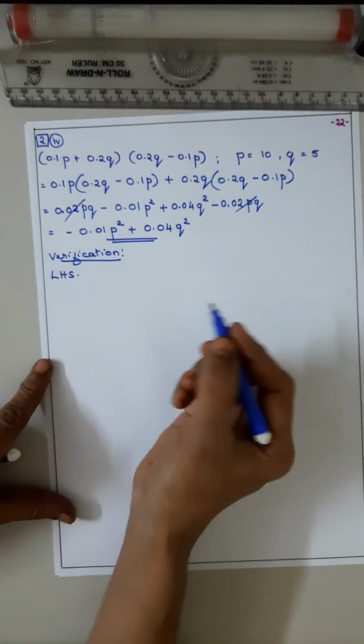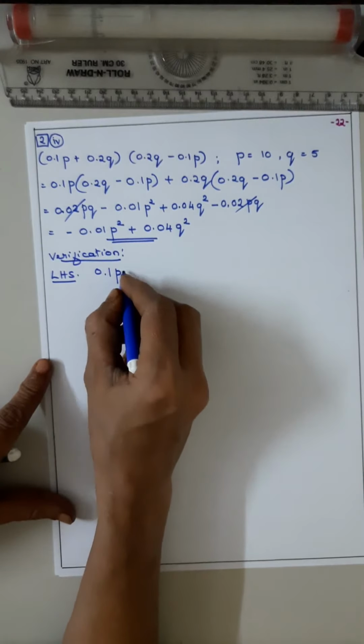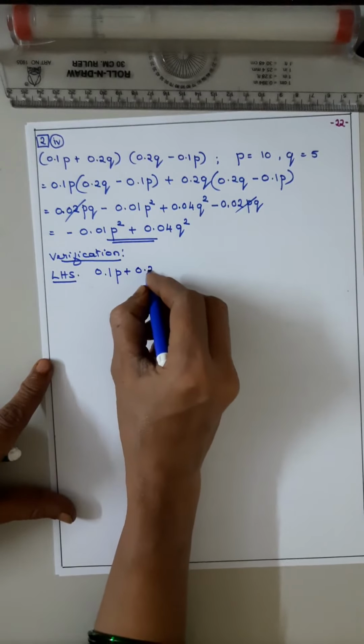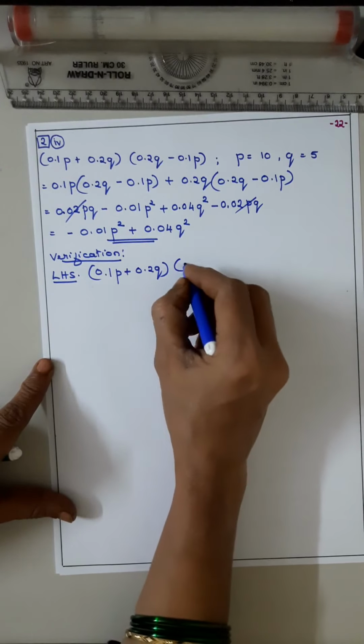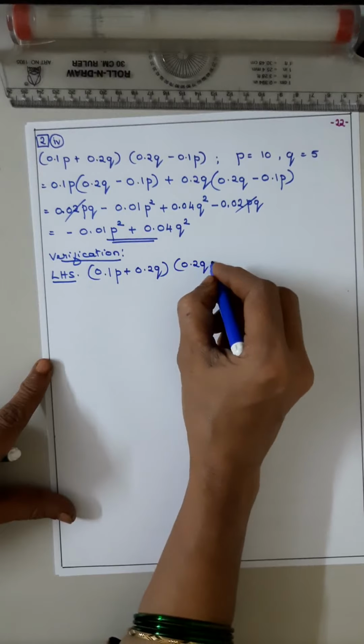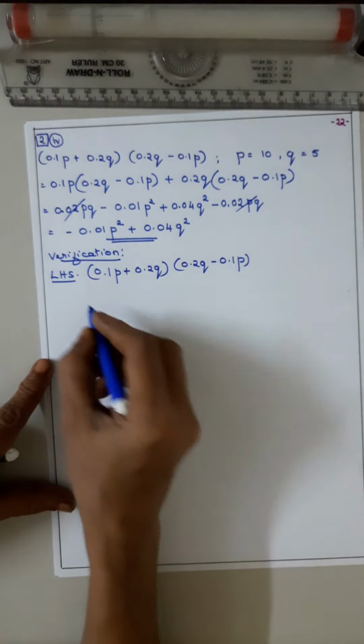LHS. (0.1p plus 0.2q)(0.2q minus 0.1p). Put the values.